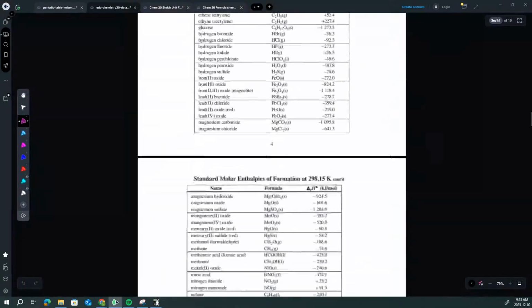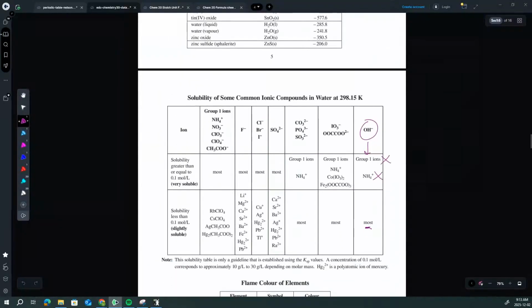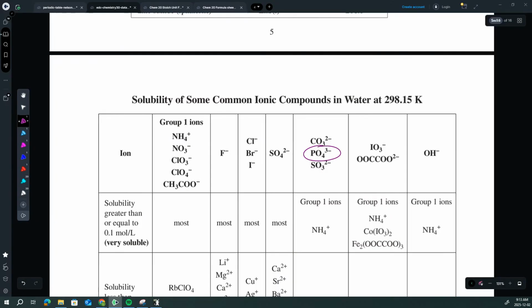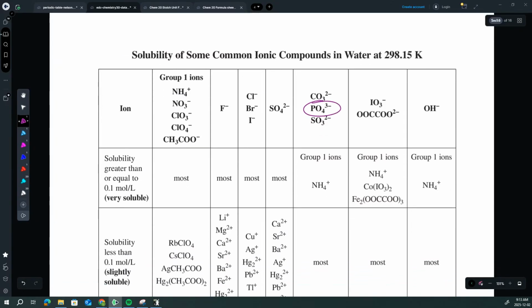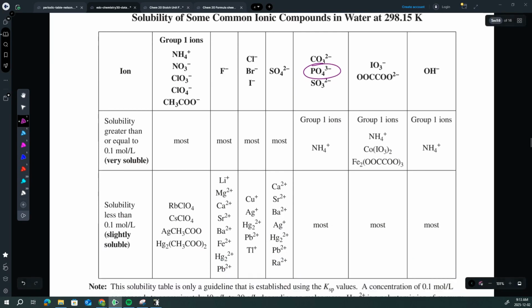So let's see. All right, so I'm finding phosphate here. Remember, for using this table, you always find your anion or your negative ion first, and then your cation or your positive ion second. Okay, so phosphate's here, and it says anything that's a group 1 ion or ammonium with phosphate is going to be very soluble.